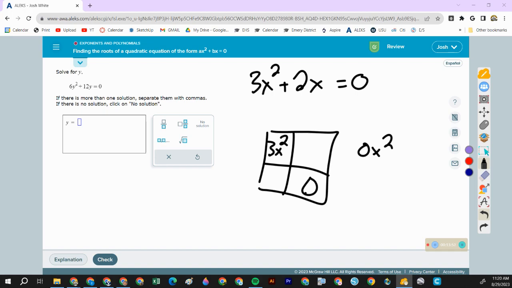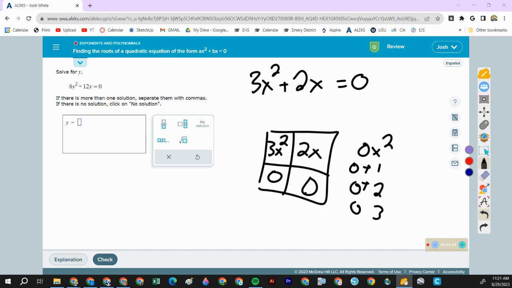What are two numbers that multiply together to be 0x? Well, there are lots of them. 0 times 1, 0 times 2, 0 times 3, 0 times 4, 0 times 5. But it needs to add to 2x. So of all the 0 times 1s and 0 times 2s and 0 times 3s, when I add them together, I need to get 2. So 2x and 0.